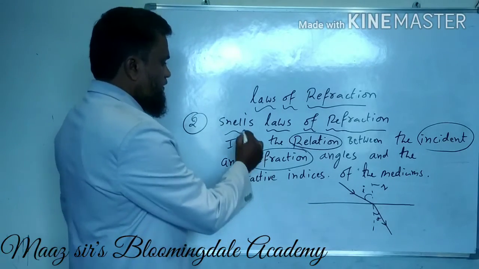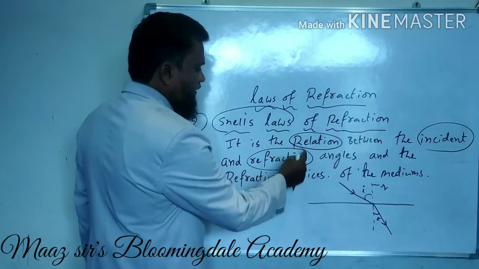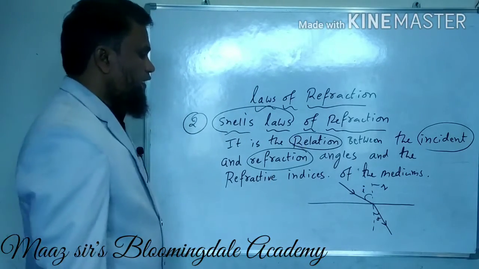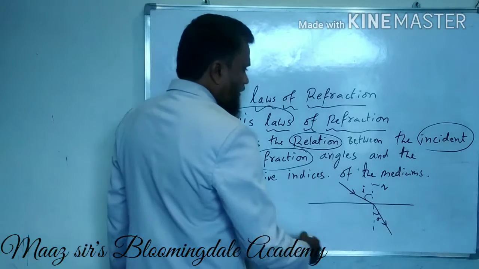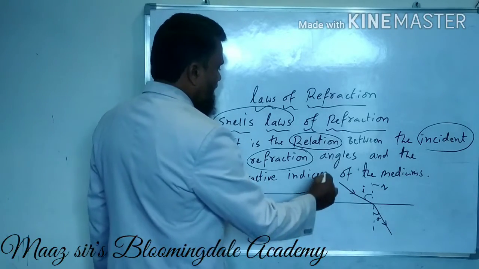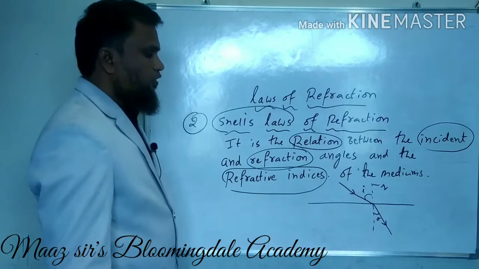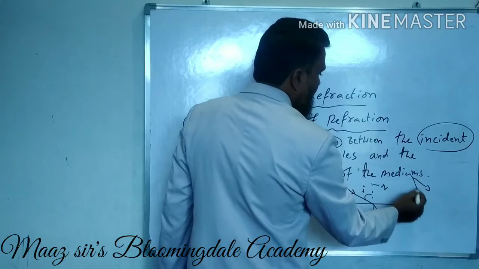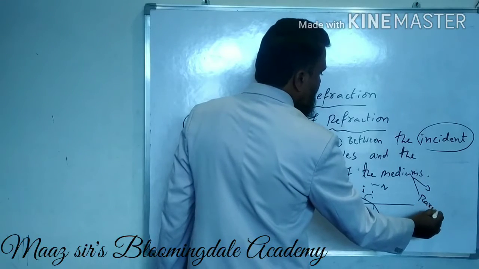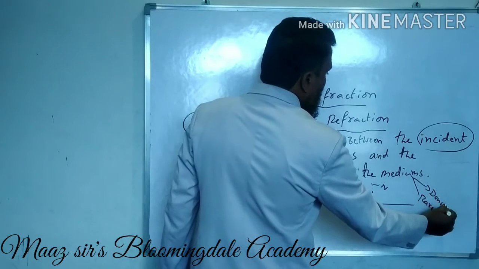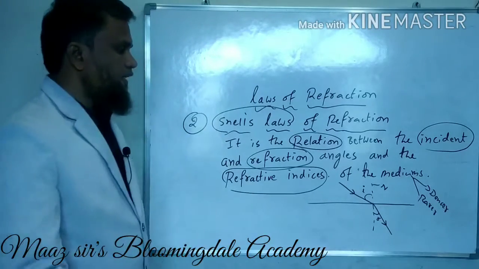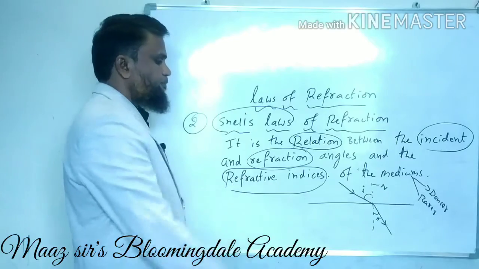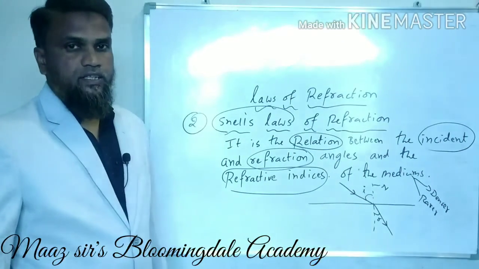Snell's law shows the relation between the incident angle and refraction angle and also the refractive indices of the medium. As I said, we discussed yesterday about two mediums, rarer and denser.